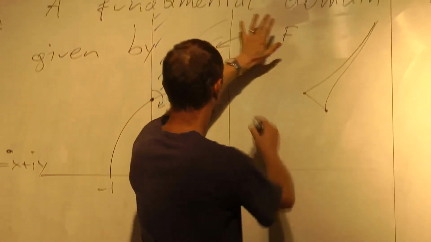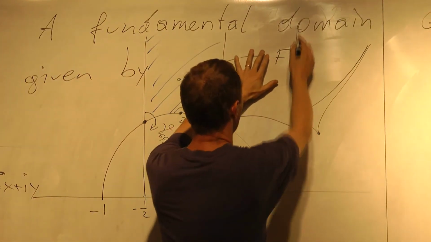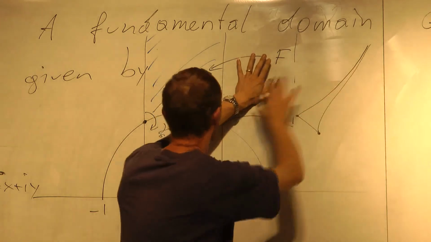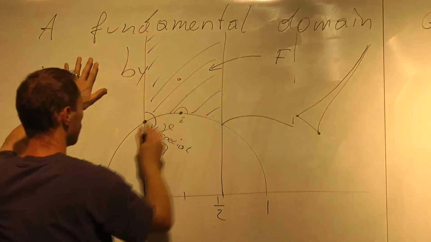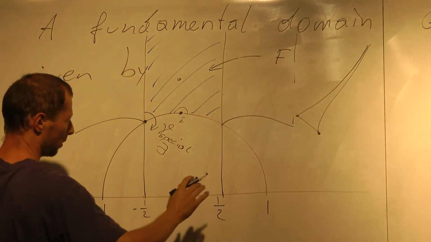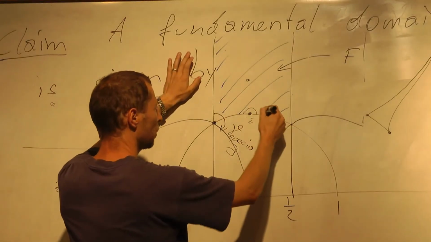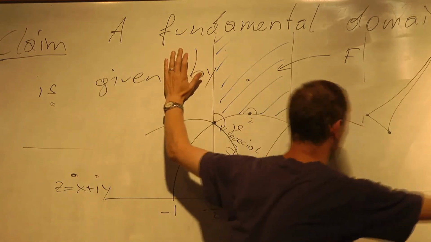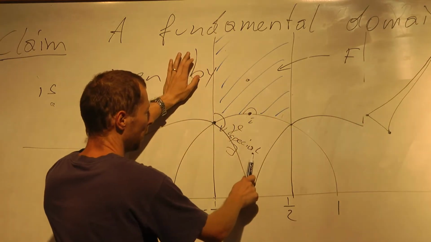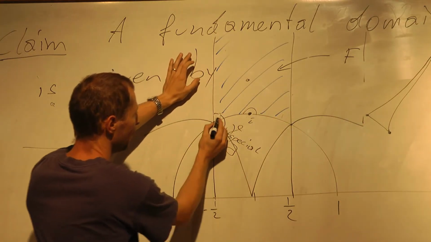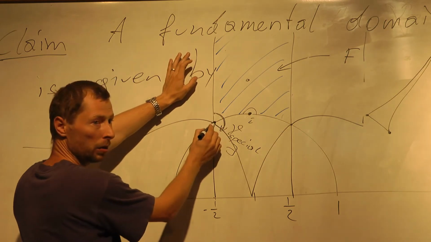So it contains F. It contains the tile right to it. Right? It contains also this guy and that guy. Who cares? It contains also the guy left to it. So it also contains this and to the left of it. It contains this here because my -1/z transformed this guy to that guy. So that makes it at 120 degrees around this point.